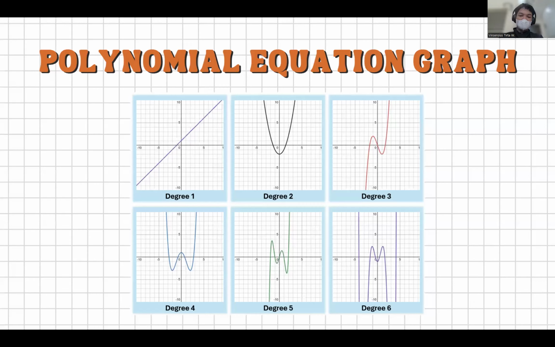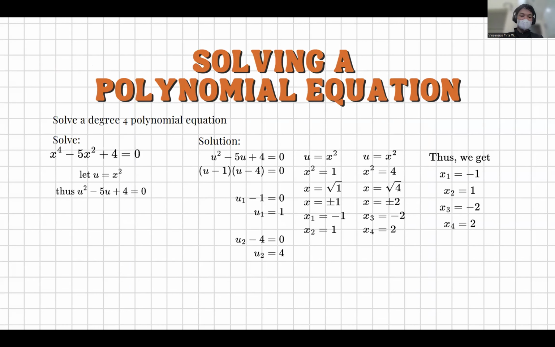Okay, so this is an example of solving a polynomial equation. The equation is x to the power of 4 minus 5x to the power of 2 plus 4 is equal to 0. For this equation, we're going to let u is equal to x squared.